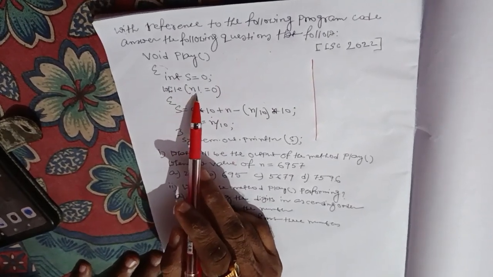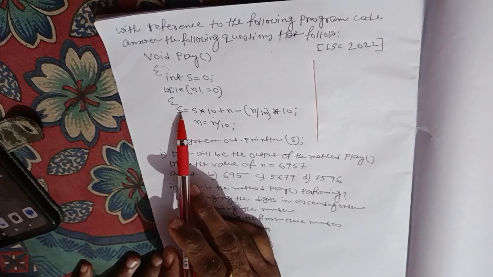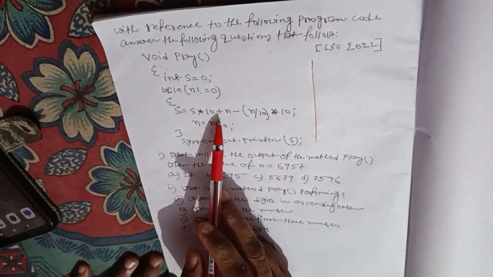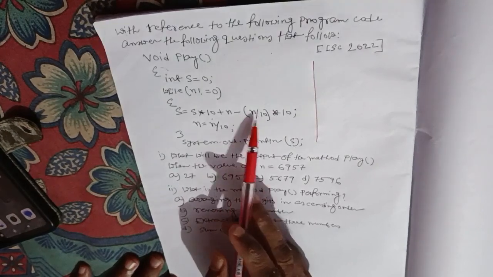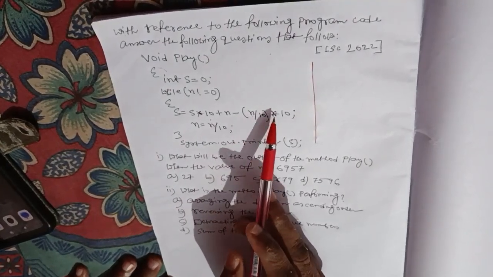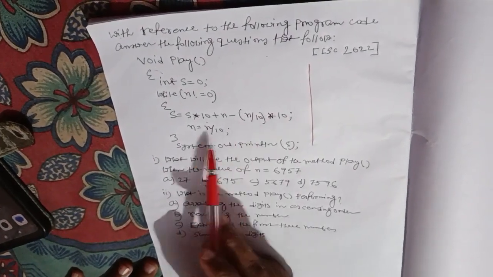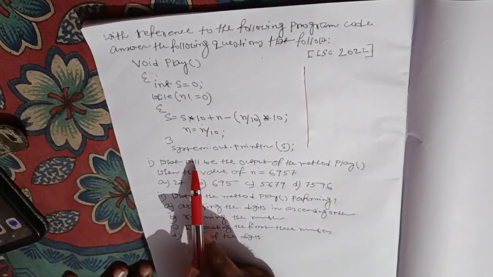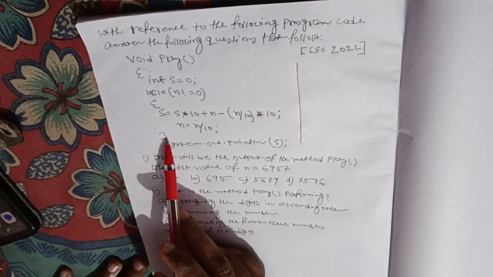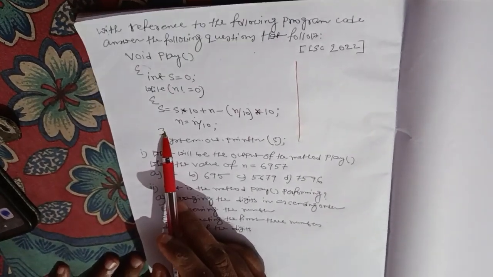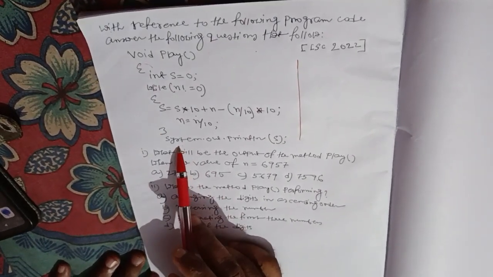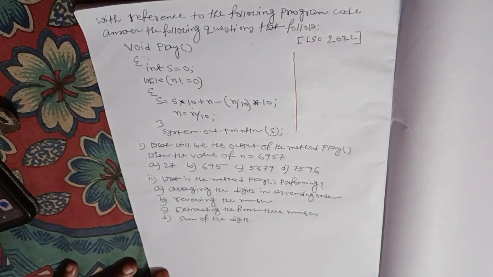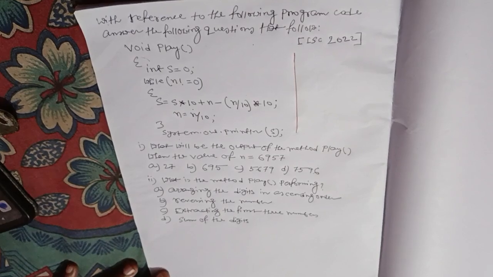While n not equal to 0, within the while loop, s equal to s into 10 plus n minus n by 10 within bracket into 10, n equal to n by 10. Then end of while loop, and System.out.println(s) will print the value of s.